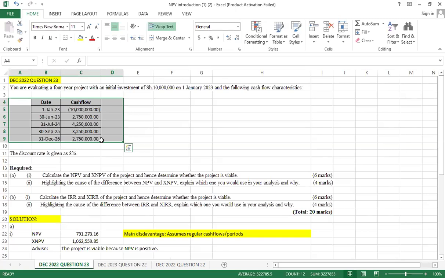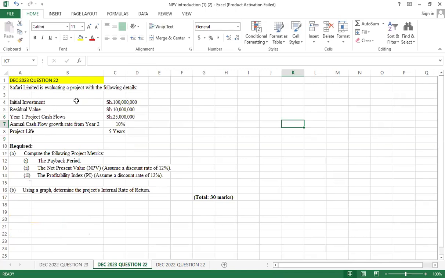In such a case, you will be expected to first summarize the relevant cash flows of the project before you can proceed to calculate these metrics which we are used to computing.